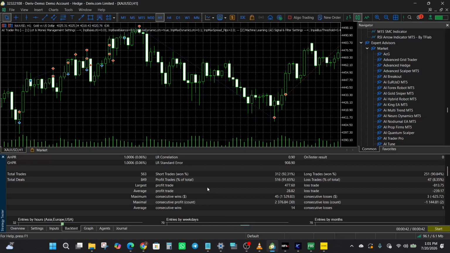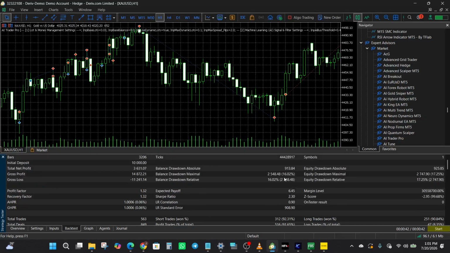the maximum drawdown reached just over 17% on an equity basis, but the balance drawdown was around 16%. The profit factor came in at 1.32, and the recovery factor matched at 1.32 as well.